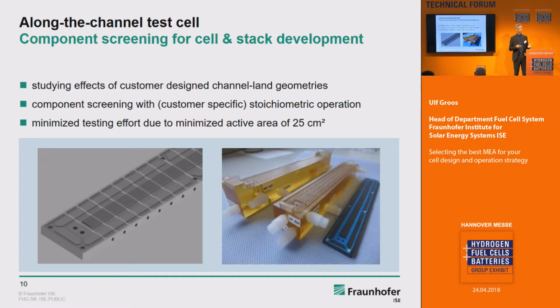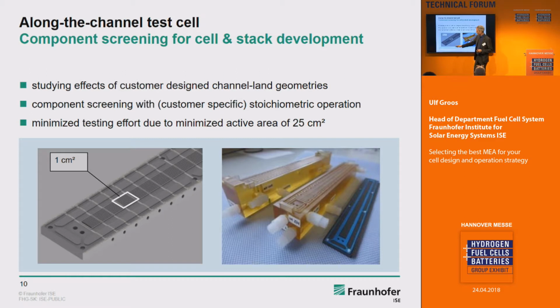As I said before, the active area is reduced to a minimum. In this case, it's 25 square centimeters, because this cell is made such that we have an active area width of 1 centimeter, and the channel length in this case is 25 centimeters.